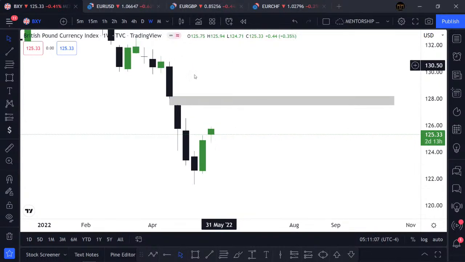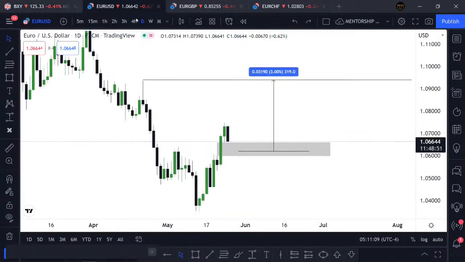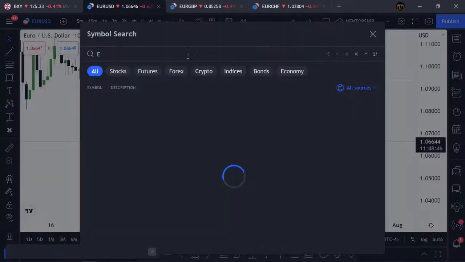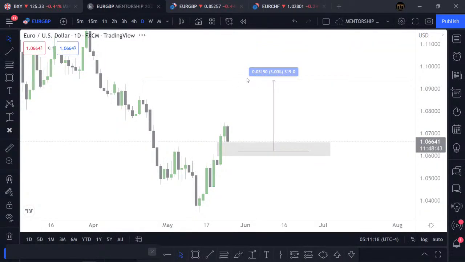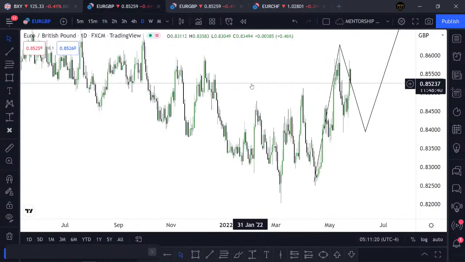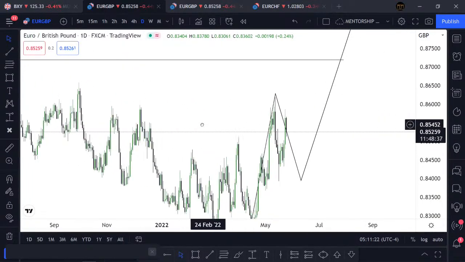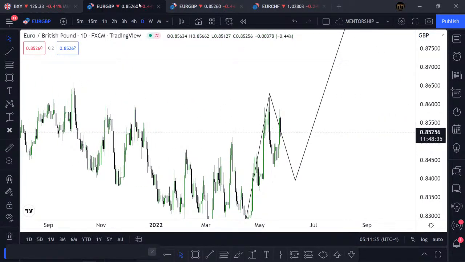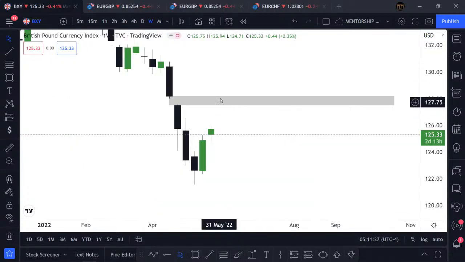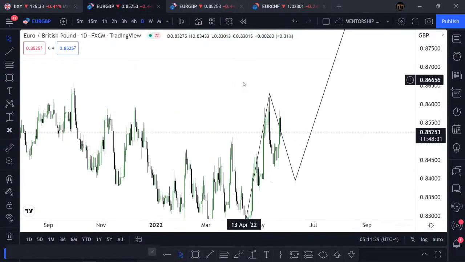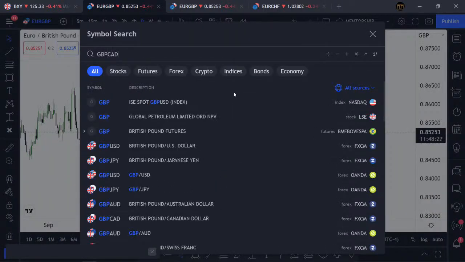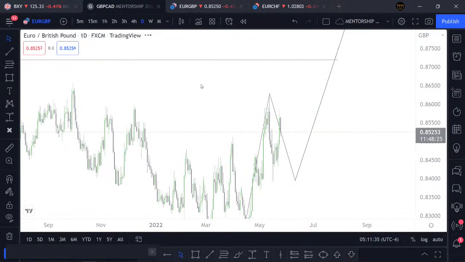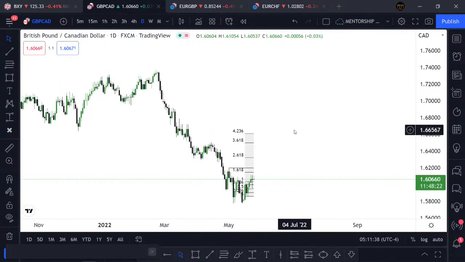So let's look at the euro pound. So this means that we're going to wait for price to at least trade above that as we're only looking for pound pairs, GBP CAD for example, using a daily chart.